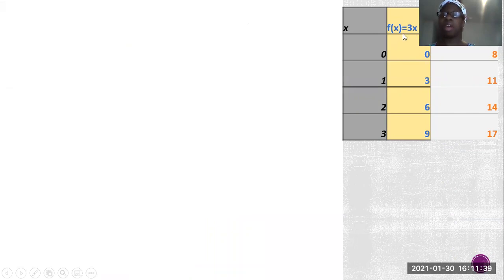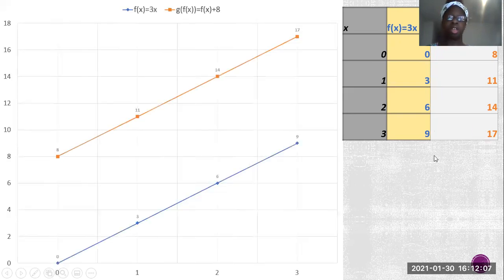Now for our f of x, we have 3x, which means it's 3 times our x. So we'll just plug in our x for the x. So we have 3 times 0, which is 0, 3 times 1, which is 3, and so on. And then we have our g of f of x, which is f of x plus 8, which means this column plus 8 more. So we have 0 plus 8, which is 8, 3 plus 8, which is 11, and so on. And then our graph looks something like this.